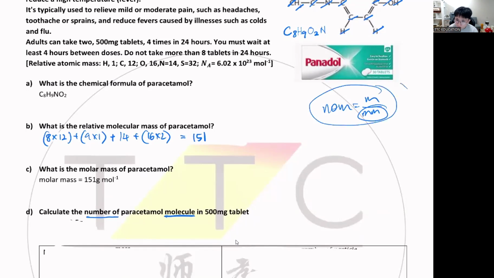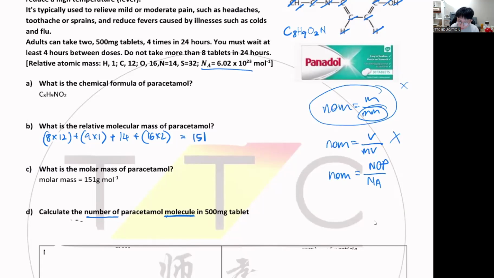I will say no. What else? Number of mole equals to volume over molar volume. Not suitable either, because nothing to do with volume here. Lastly, number of mole equals to number of particles over Avogadro constant. Remember that? That is why the question gives you Na equals 6.02 times 10 to the power 23. That's the Avogadro constant.